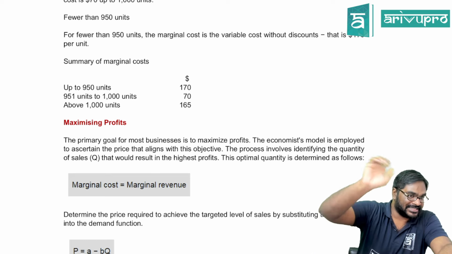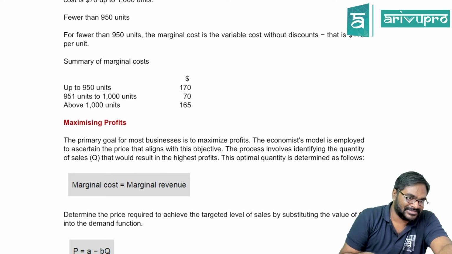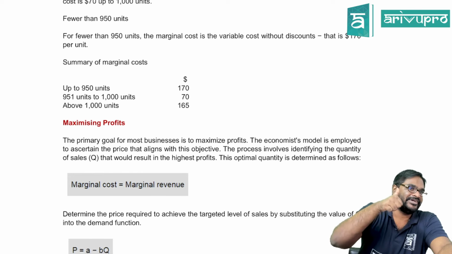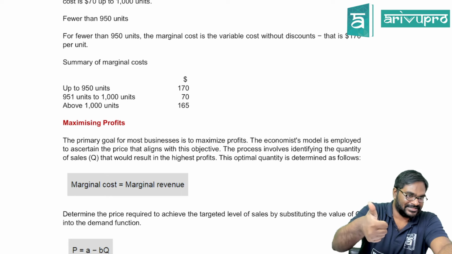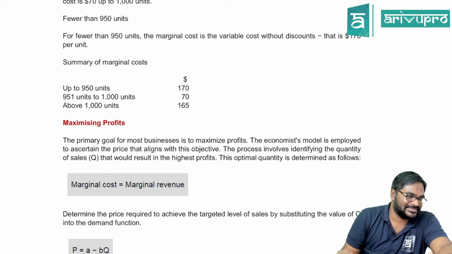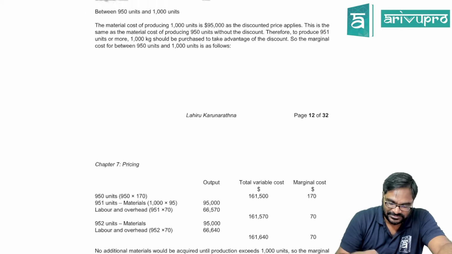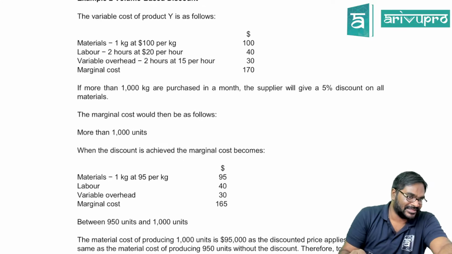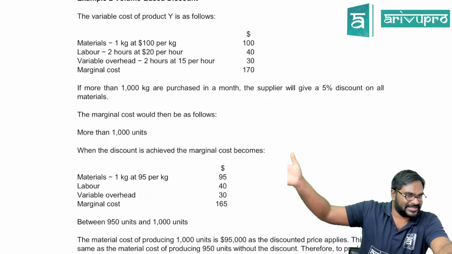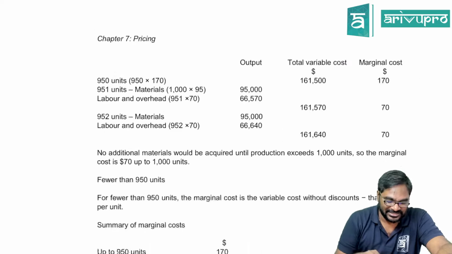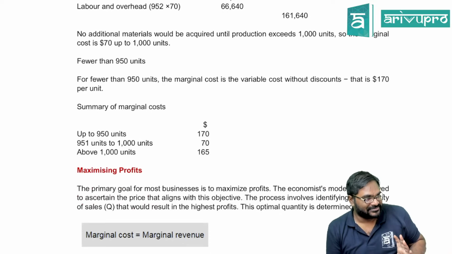The original second page, 95, what you called materials, plus 70 for other variable costs like labor and overhead. The pricing at 95, so after 1000, that would be the pricing, right? So this, in a nutshell, would be your marginal cost now.